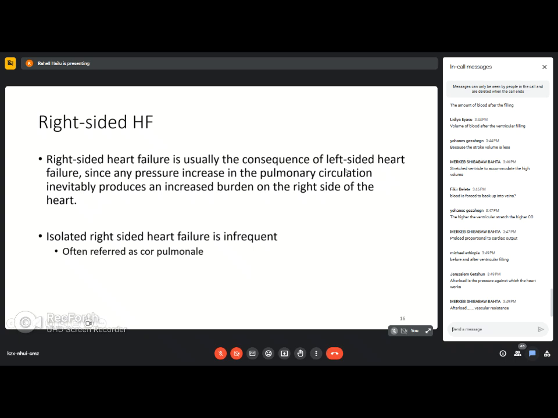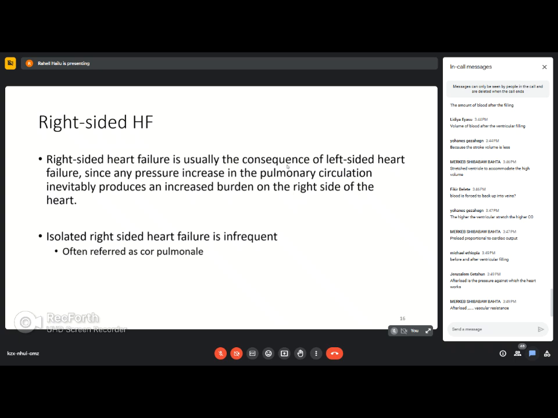So the right-sided heart failure is usually a consequence of the left-sided heart failure, since any pressure increase in the pulmonary circulation reflects back into the right side of the heart, mostly as a kind of pressure overload. Yes, so when pressure in the pulmonary circulation builds up, the pulmonary vasculature responds with vasoconstriction to resist this, which raises the pressure further.